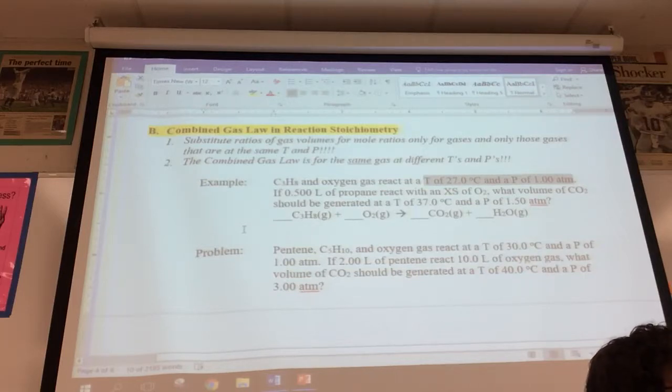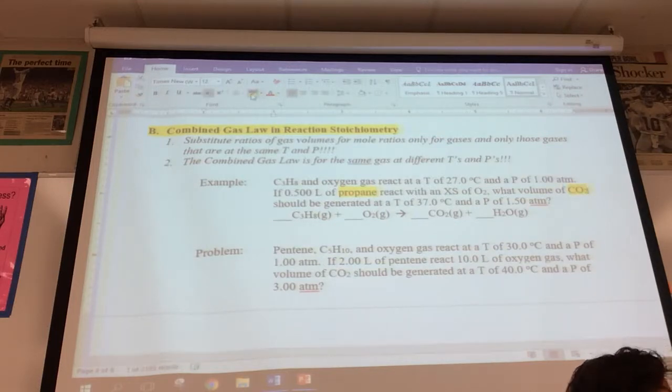So the key that this is not simply a combined gas law problem is you're given information about one gas, but asked for information about a different gas, and that's why you cannot use the combined gas law right away.